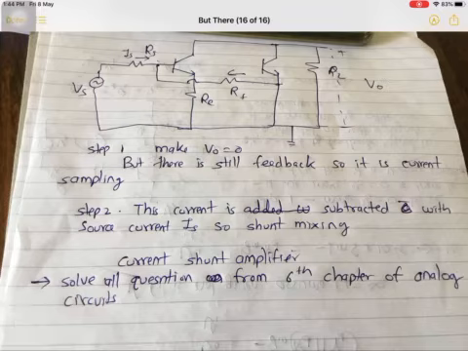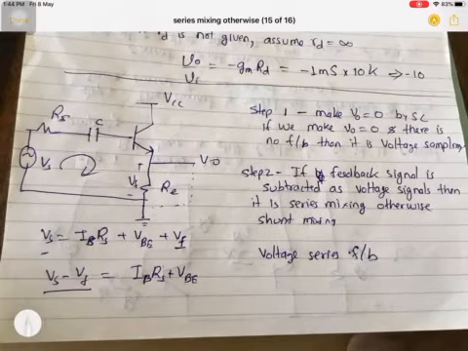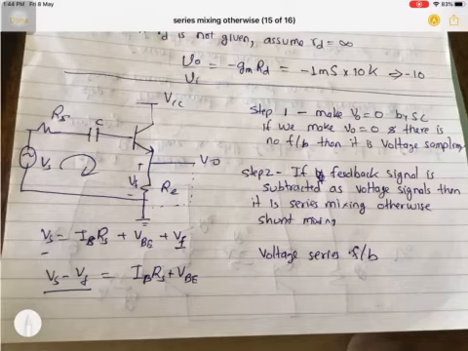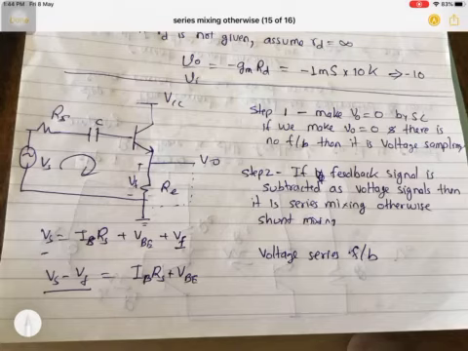In the previous circuit, when we made V0 0, Vf also became 0. Hypothetically, let us assume that V0 was taken from here, not from here, then by reducing V0 to 0, there would be some voltage here. So at that time it would not have been voltage sampling.